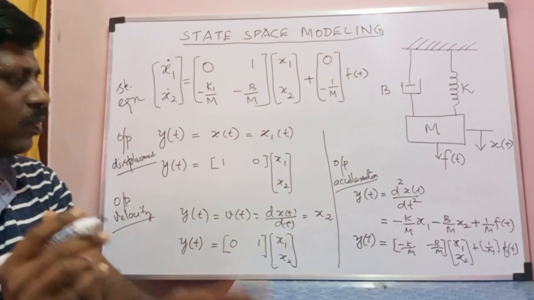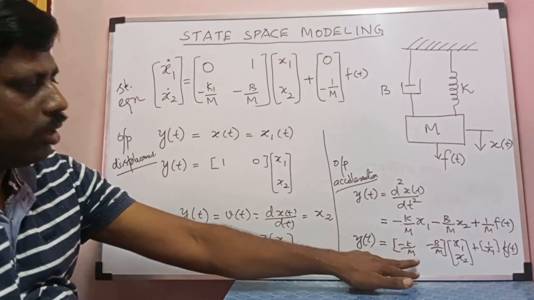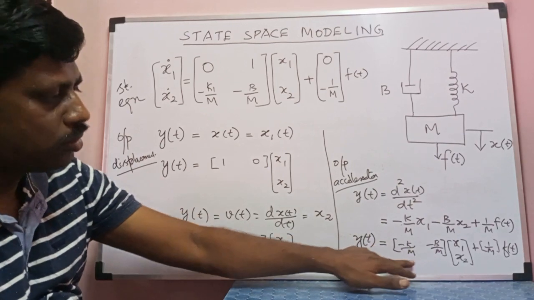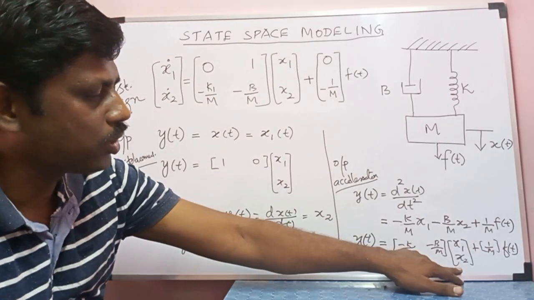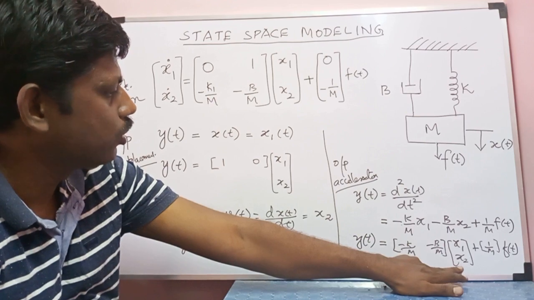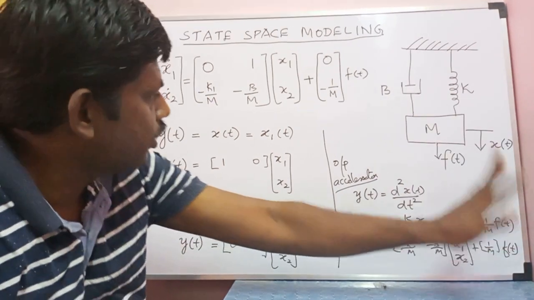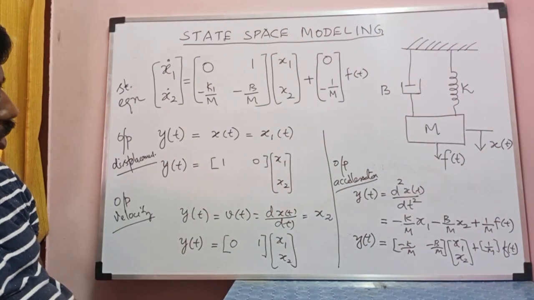See? I got one row matrix written as a product with the state vector, okay, and this. Right.